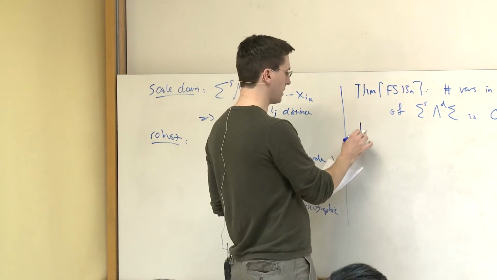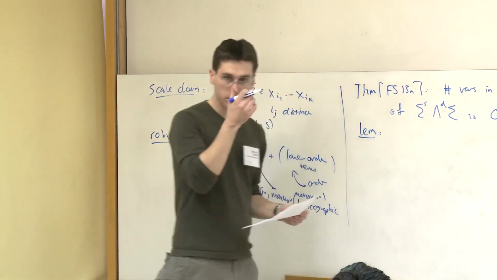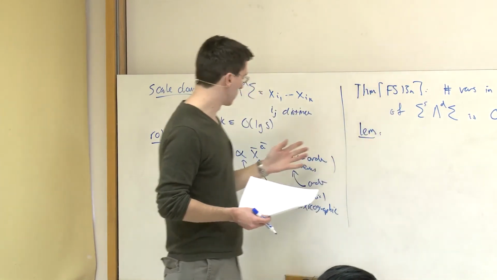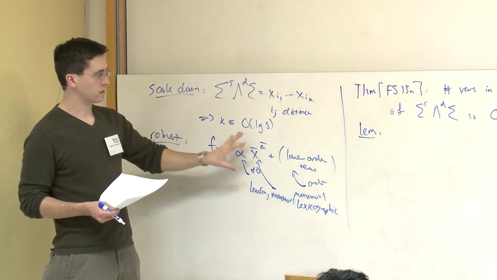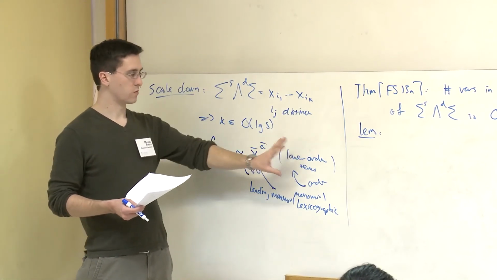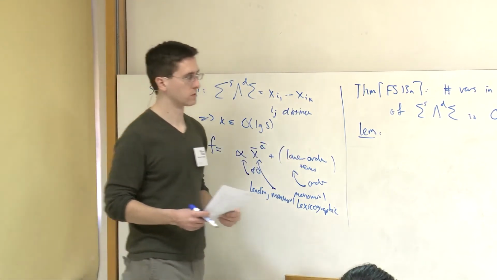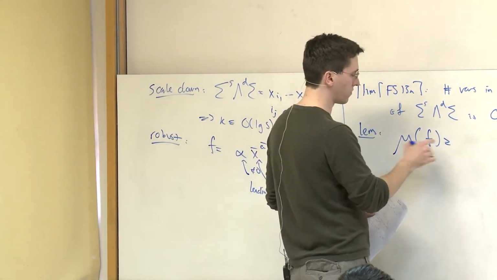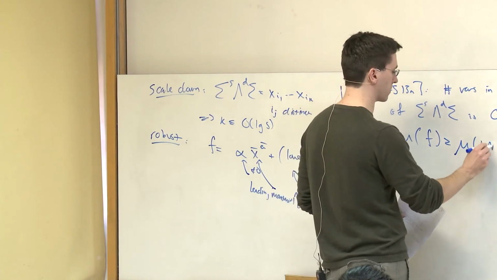The key lemma here is the following. I have this measure mu, and I want to relate mu of f to mu of the leading monomial, in the sense that mu is robust, or ignores lower order terms. So the lemma is that mu of f, with mu as I defined over there, is at least mu of the leading monomial of f.